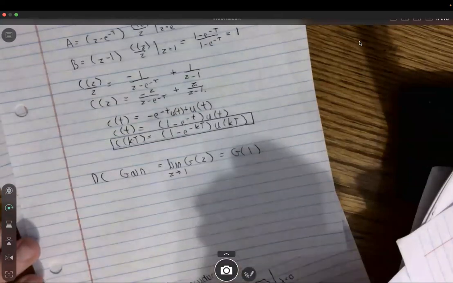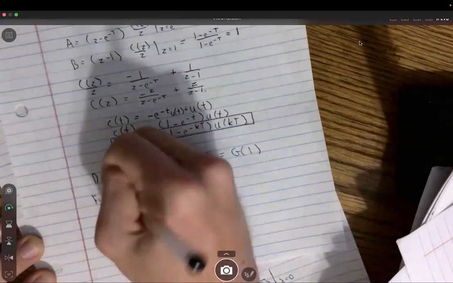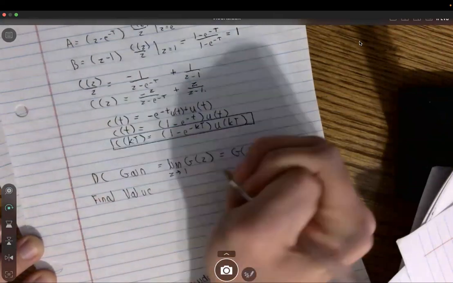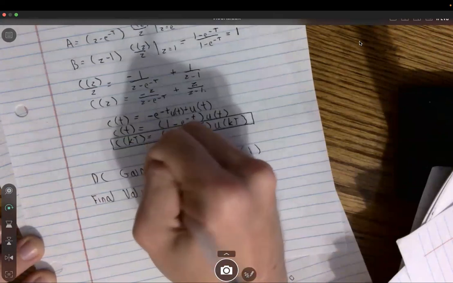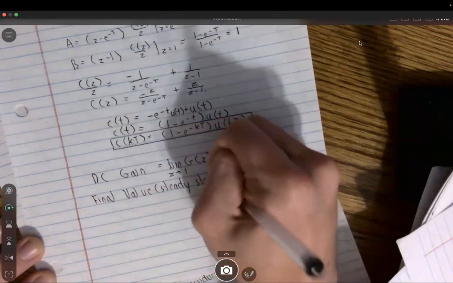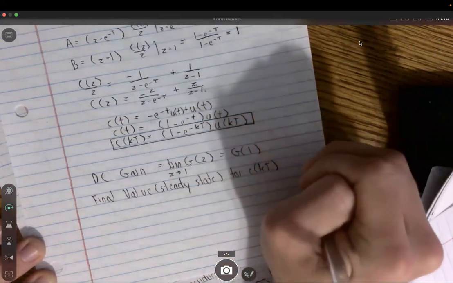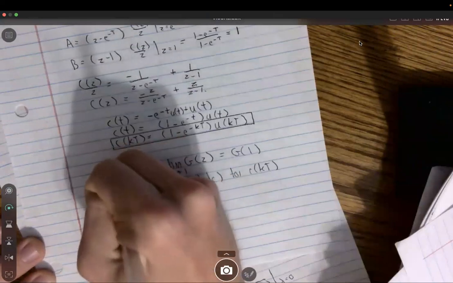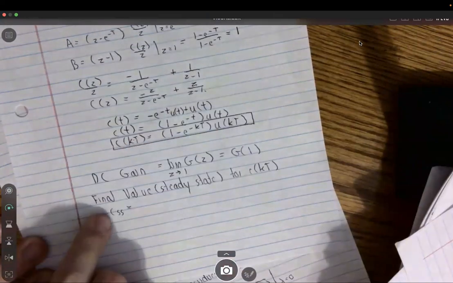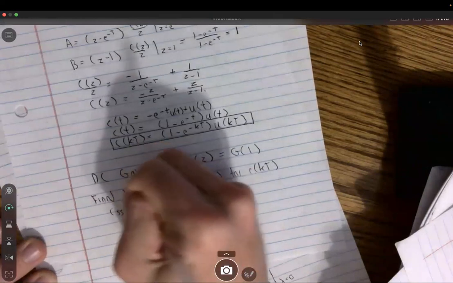And then the final value theorem, for the final value or steady state as it's often referred to, of your C of KT, what you're going to get is your C of SS, which just represents the steady state of your output, equal to the limit as K approaches infinity of C of KT.